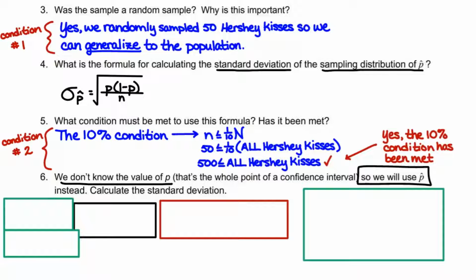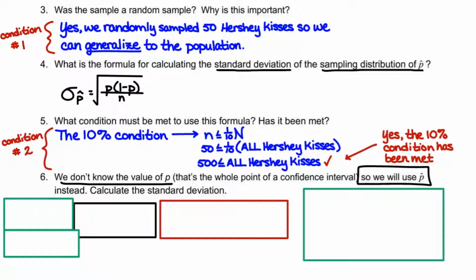So the problem with using this formula here, as opposed to last semester when we knew what the true proportion was, I don't know what the true proportion is here. So what could I use to estimate the true proportion? P hat.